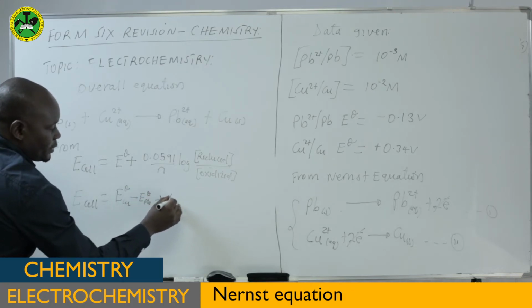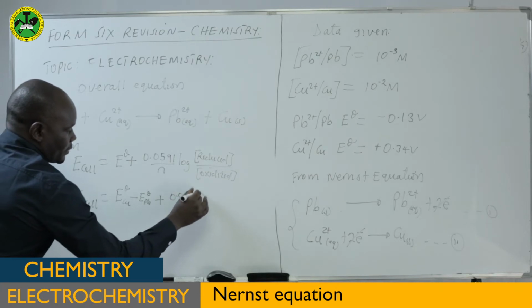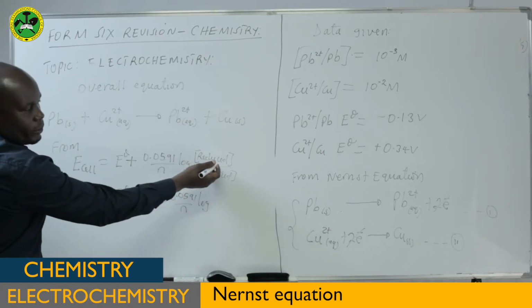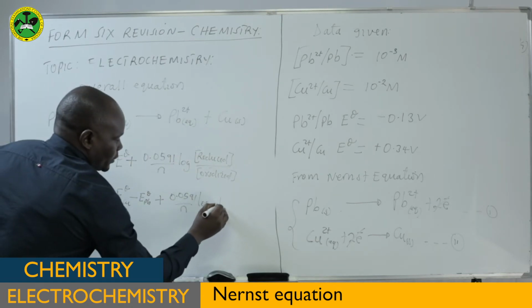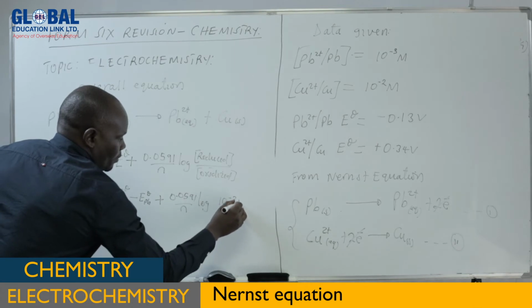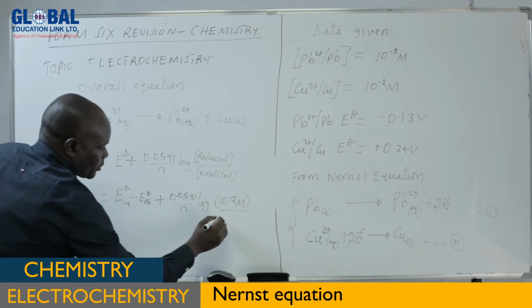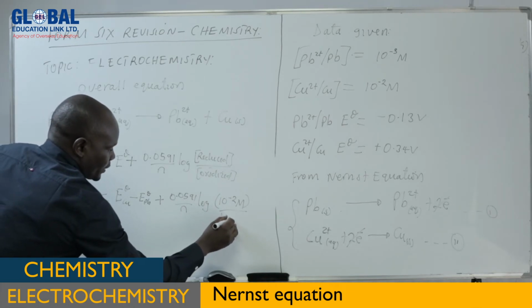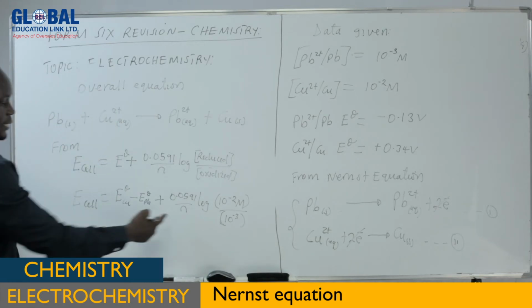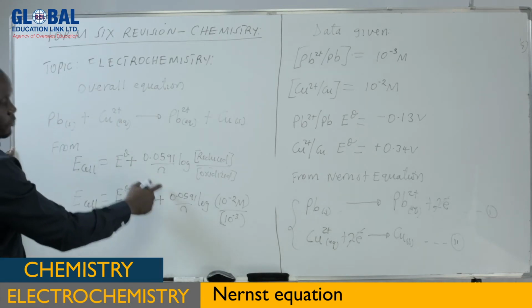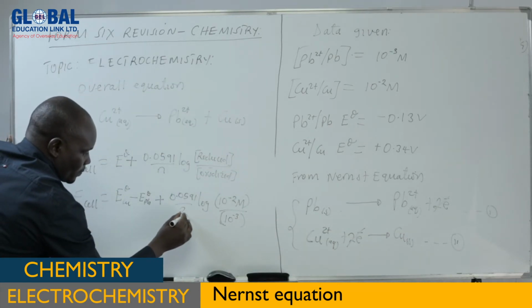Then plus 0.0591 over n times log of the reduced species, which is the concentration of copper, 10 per negative 2 moles, divided by the oxidized species, the concentration of lead, which is 10 per negative 3. So that is our equation now. But n here is 2. n is 2 from the balanced equation, so here you put 2.